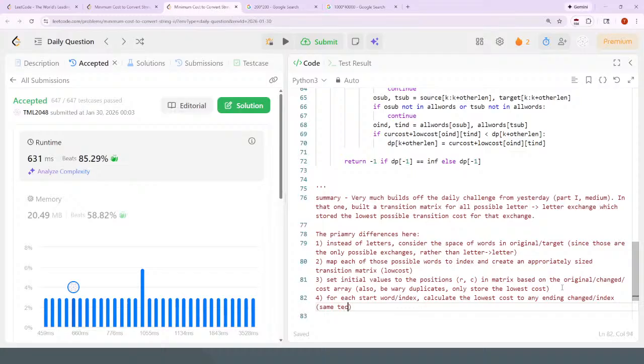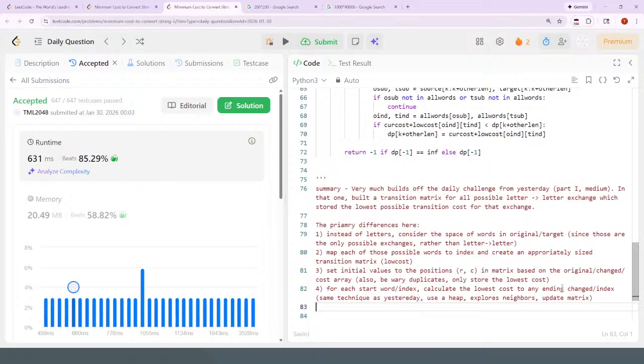Same technique as yesterday. Use a heap, explore neighbors, update matrix, have a nested for loop.